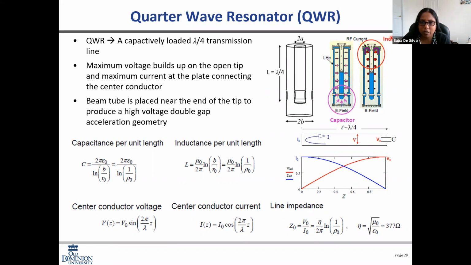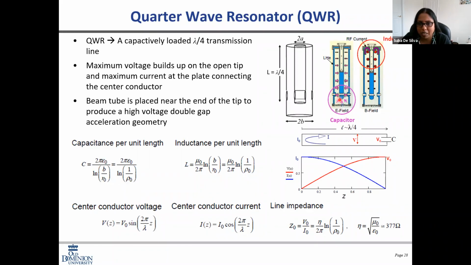Here you put a hole or a beam tube in the inner conductor so that you can get particles through. And in the quarter wave, as you see, there is an electric field between the gap in this direction as well. This limits the performance in particular in the quarter wave cavity.